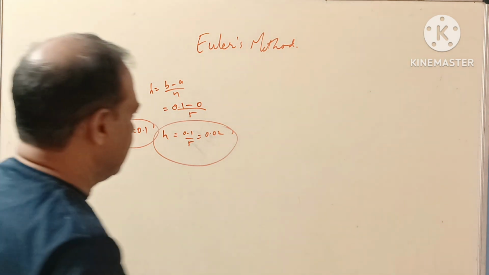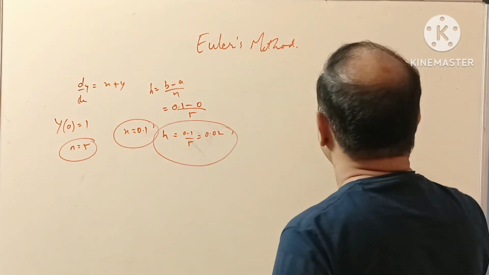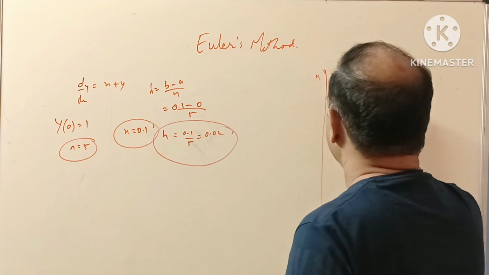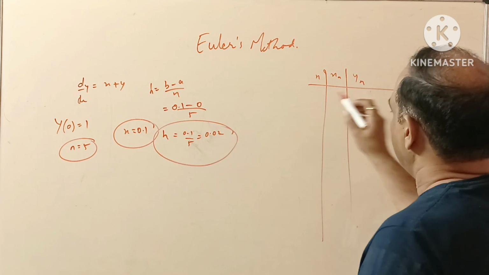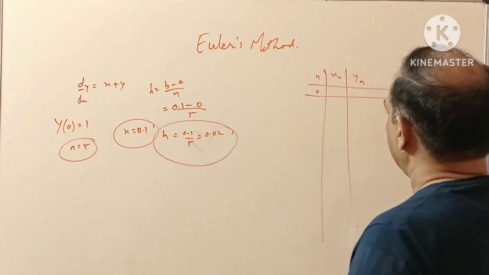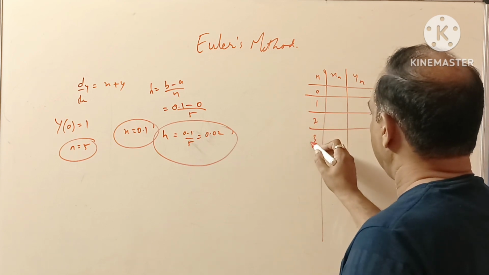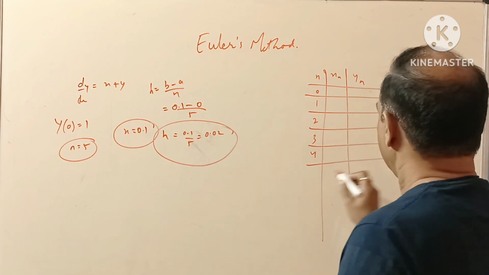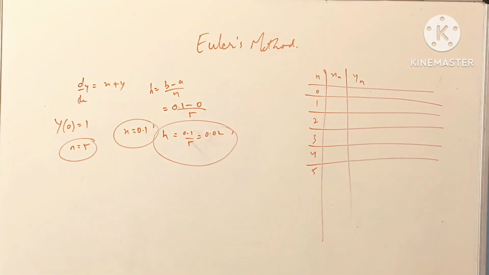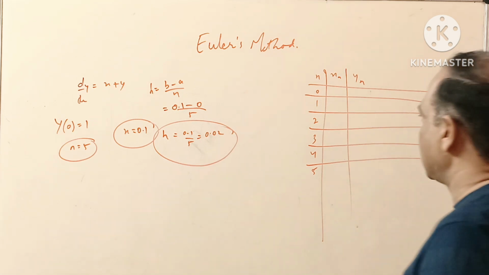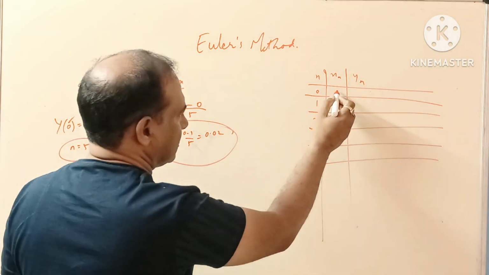Now let's make a table here. This is xn, this is n, this is yn. You can put it like this. This is 0, and the other points are 1, 2, 3, 4, and this is 5. And how much will be xn? In the first case, x0 is 0.